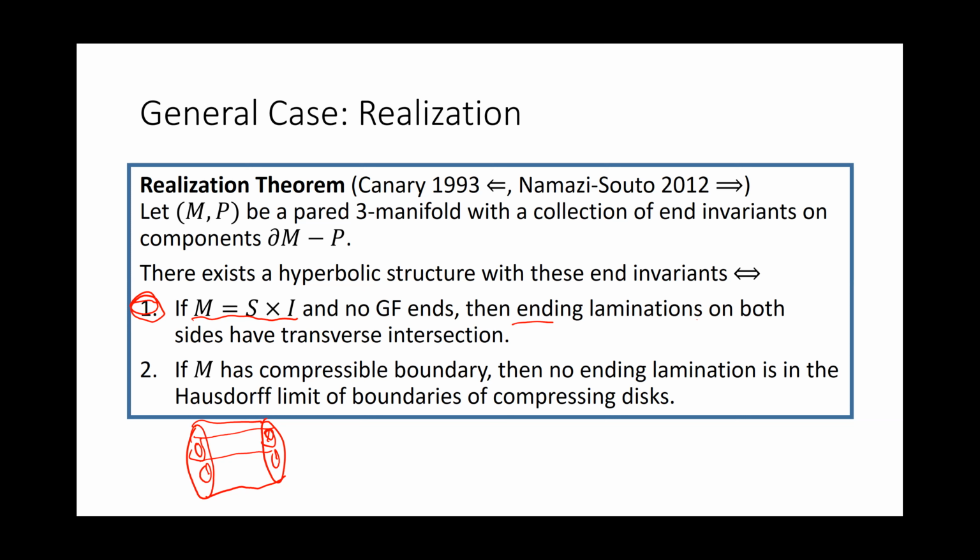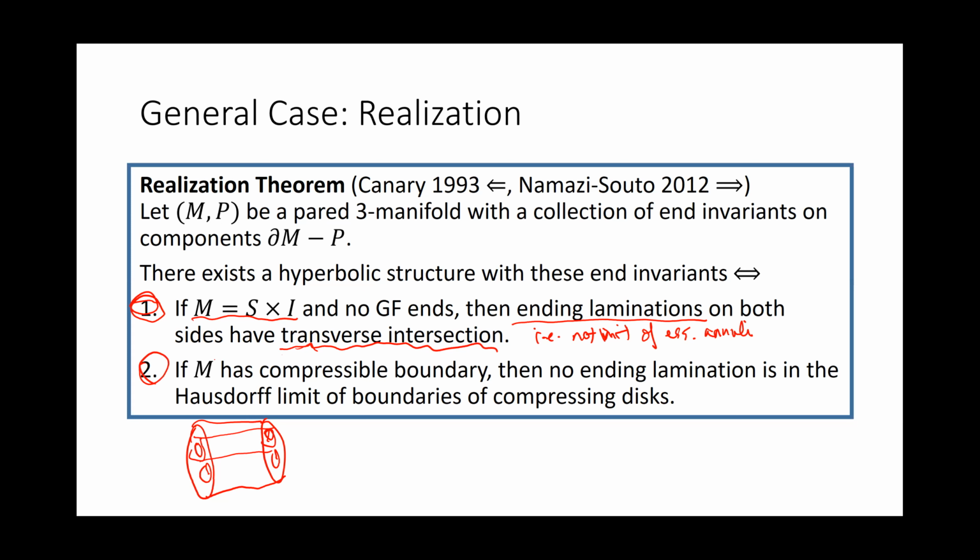So your ending laminations have to have transverse intersections, i.e. not the limit of essential annuli. So you remember you had these geodesics exiting the ends, the geodesics are approaching this lamination, and if the geodesics are paired up so that you have these annuli, then that's going to be problematic.